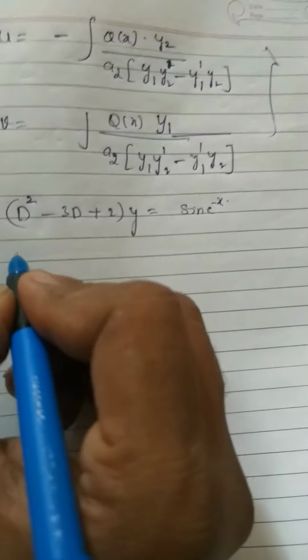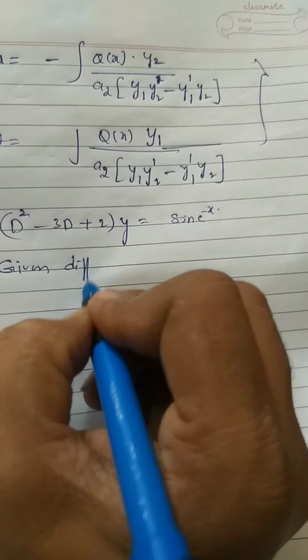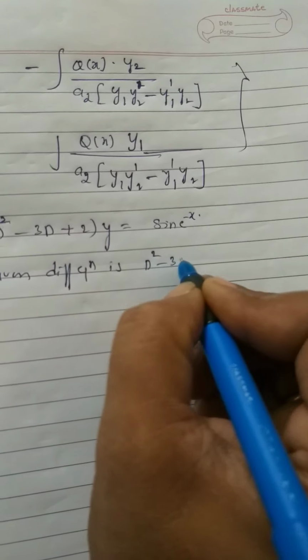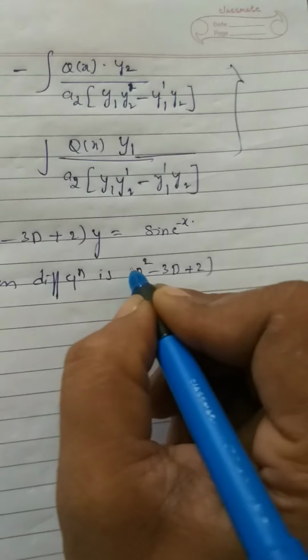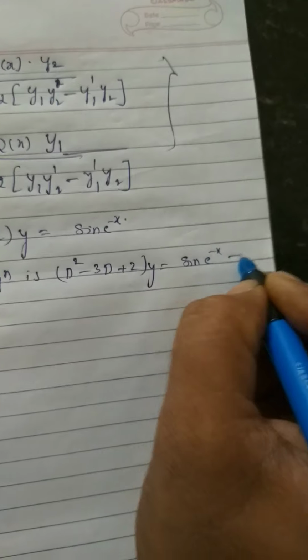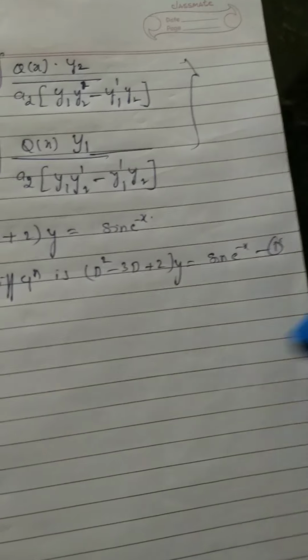Solution: first of all you have to write the given differential equation, (d square minus 3d plus 2) y equal to sine e power minus x. You call that equation number 1.